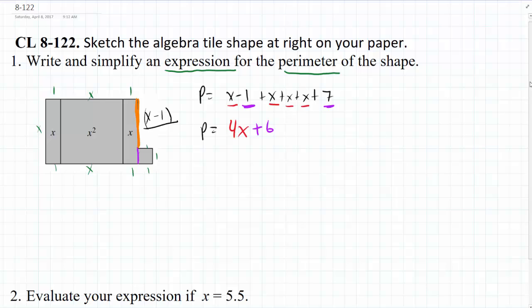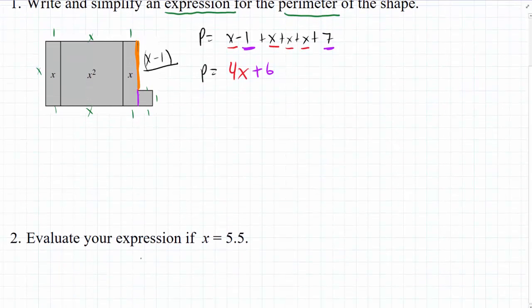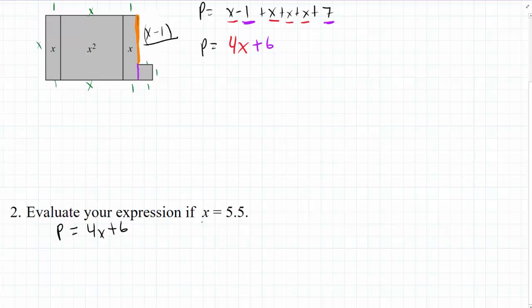4x plus 6. Okay. Finally, for part B, we're going to evaluate the expression if x were 5.5. So I'm going to rewrite the expression on here. Perimeter equals 4x plus 6. What that means is that we're going to substitute the x in for 5.5.